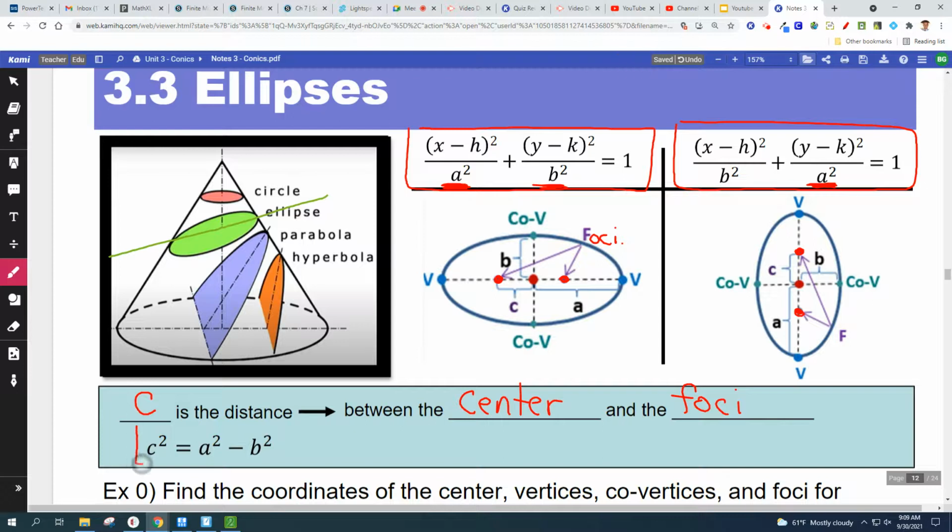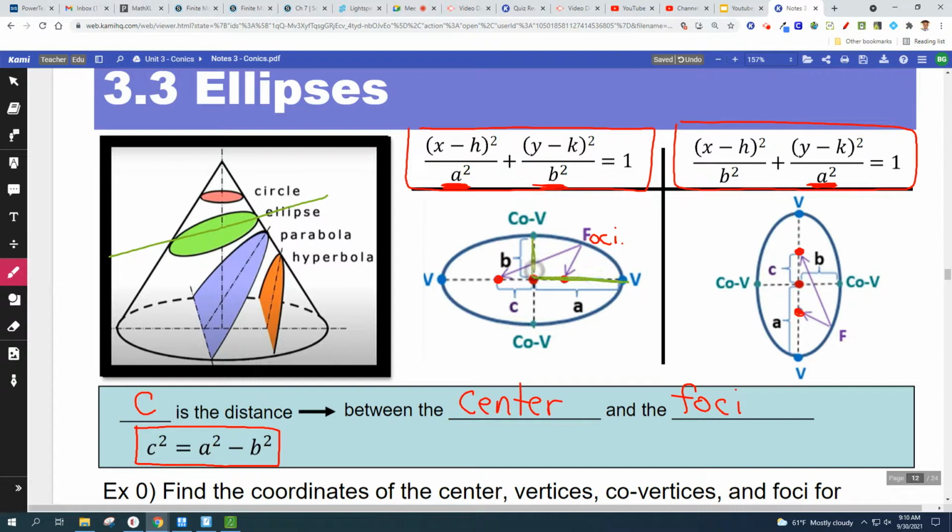You've got this equation right here, and this is going to be very important. So box that in. C squared equals A squared minus B squared. Notice how it kind of reminds you of the Pythagorean theorem, but not quite. You've got to pay attention to that little bitty detail. A is the distance from the center to the vertex.